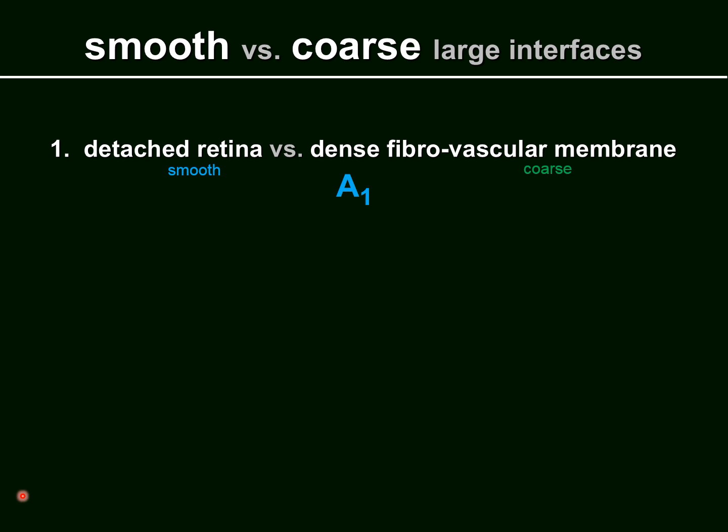This is done automatically with the A1 software. All the examiner has to do is aim a perpendicular beam at the questionable surface, and the instrument gives the answer whether it is a detached retina or a dense fibrovascular membrane.